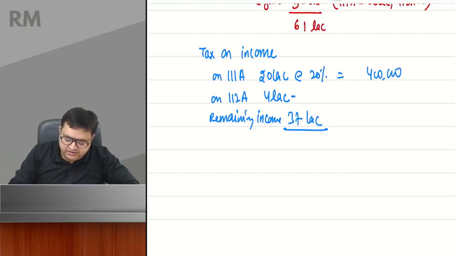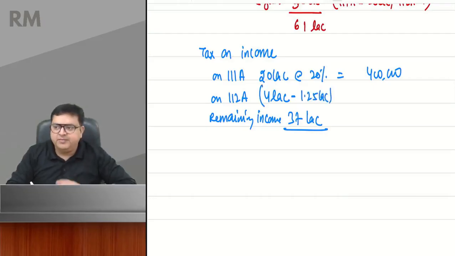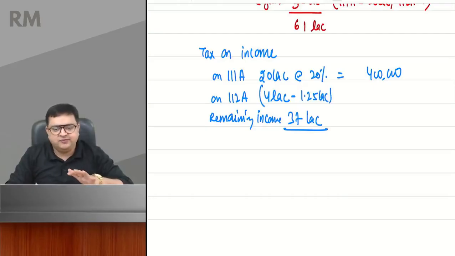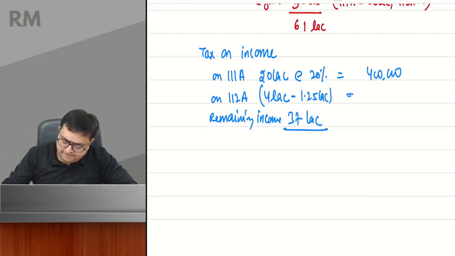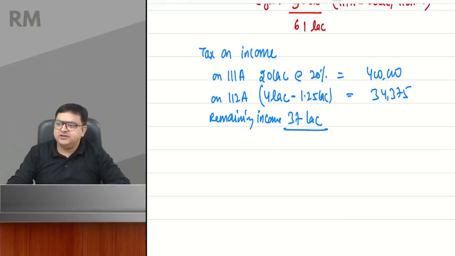On 112A, minus 1.25 lakh flat exemption, post-budget. So 4 lakh minus 1.25 is 2,75,000. Post-budget it is 12.5%; pre-budget it was 10%. So the tax is 34,375. Everybody is okay with this?